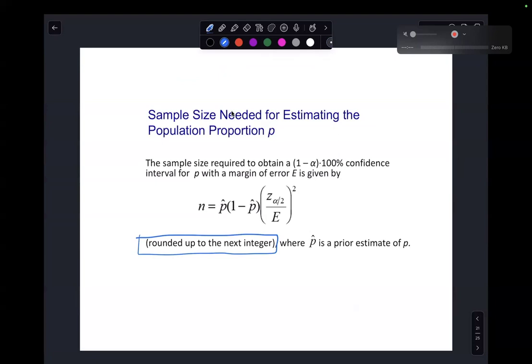I cannot shove those 3 kids into the other buses. I have to get a 5th bus. I cannot round down. I need to round up. So, for example, if I solved for sample size and I got 105.2, 105 isn't enough. I have to use 106. Always round up, and always round to an integer, because I can't sample 105.2 people. I have to sample 106 people. You can't sample a partial person.